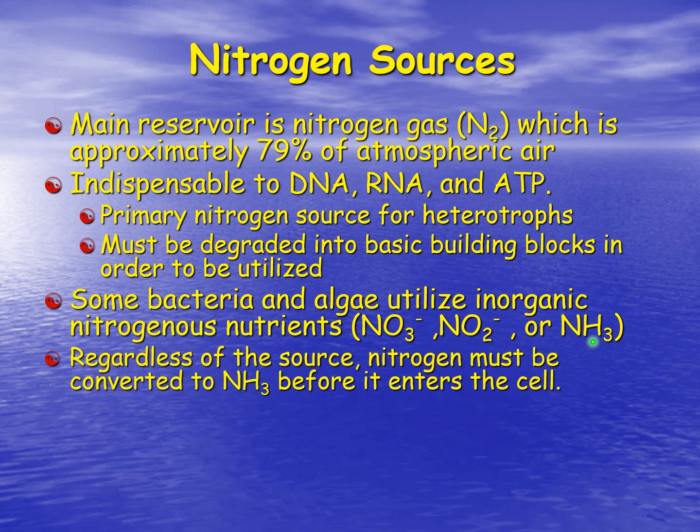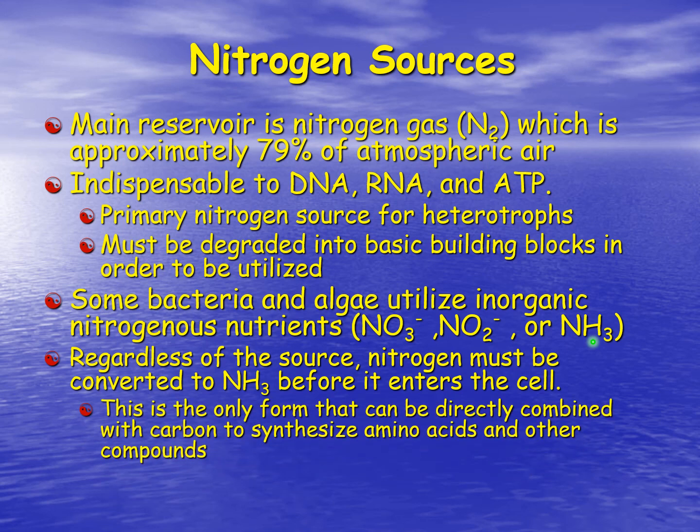Regardless of the source of nitrogen, nitrogen must be converted to ammonia before it enters the cell. This is the only form of nitrogen that can be directly combined with carbon in order to synthesize amino acids and other compounds.